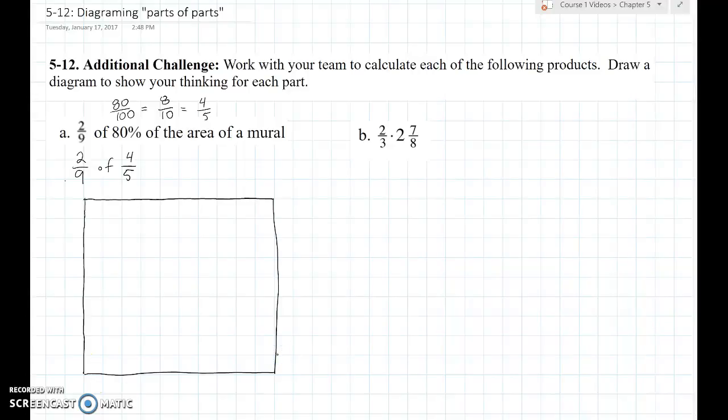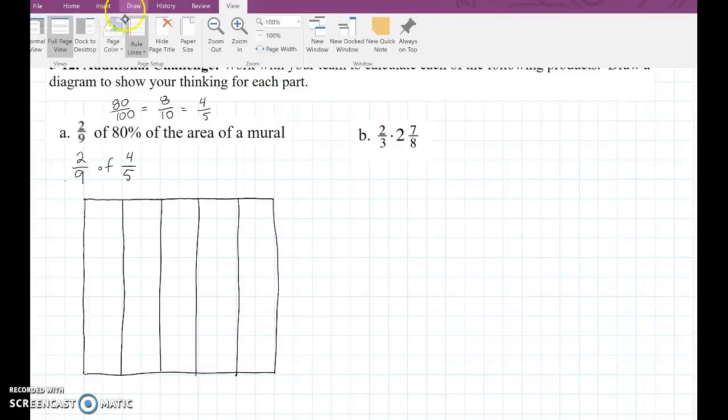And let's represent the 80% that you're going to have to paint or cover. So let's break it up into fifths. 1/5, 2/5, 3/5, and 4/5, and let's do 80%.